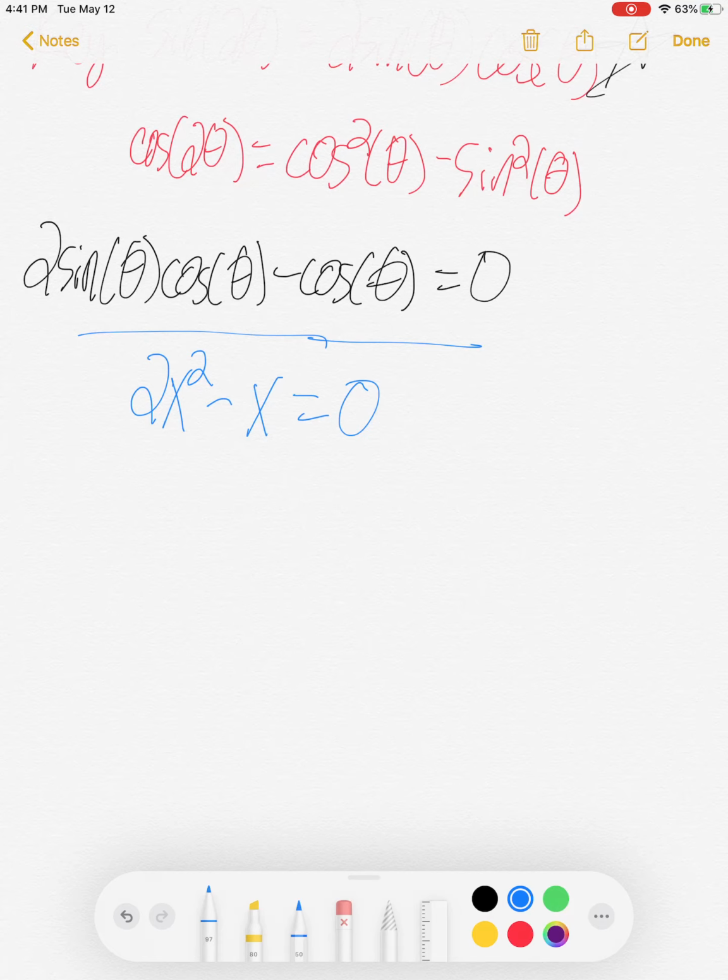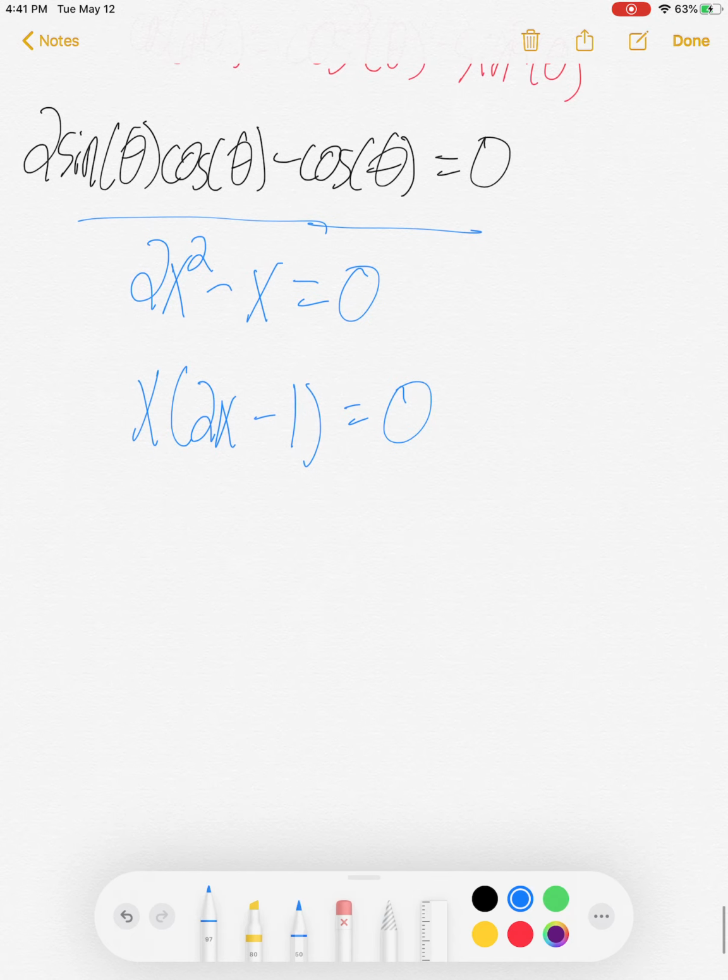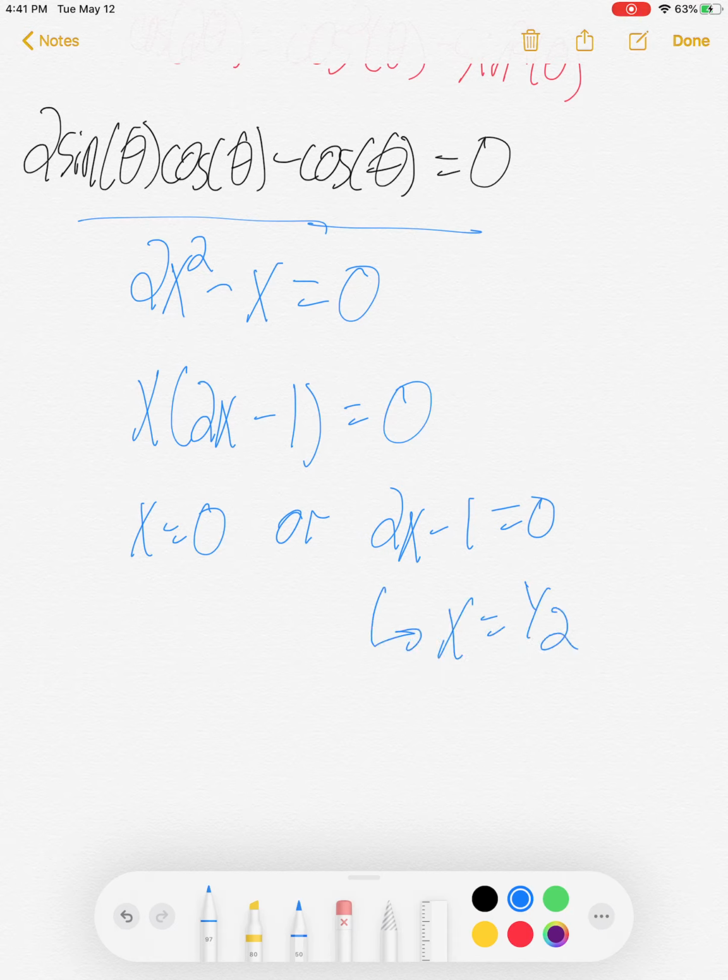Well, I notice that each of these has an x in it, and so I can factor out an x. And now I know that x equals 0, or 2x minus 1 equals 0. And the second one is the same as x equals 1/2.